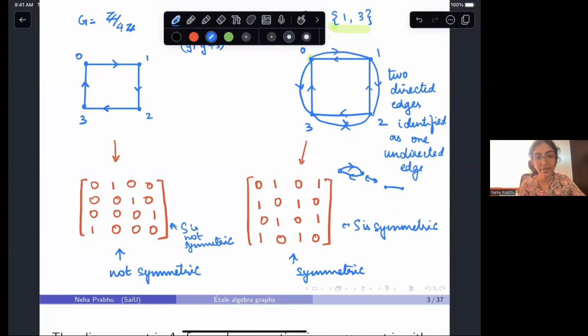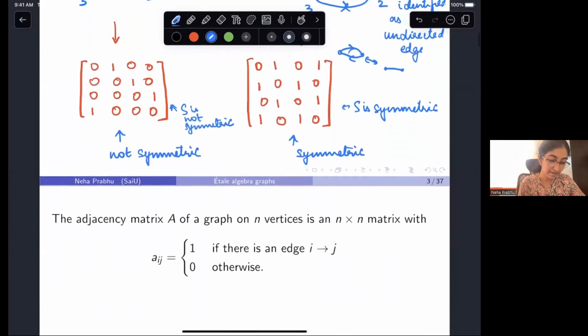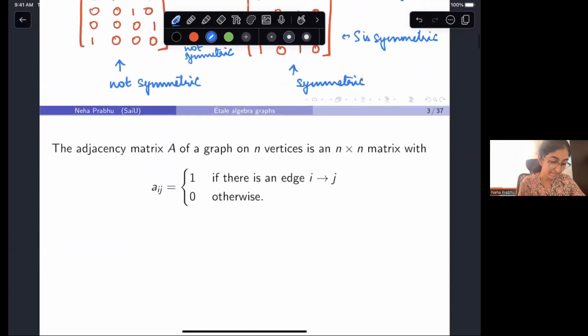That's not a coincidence, and it's not hard to prove. Just a little bit of writing down what Aij should be and having an edge between i,j and j,i will provide that.